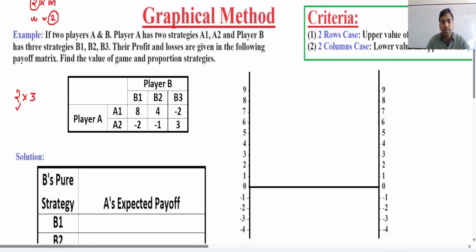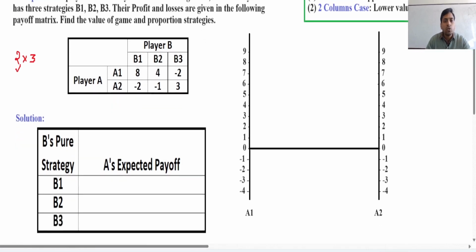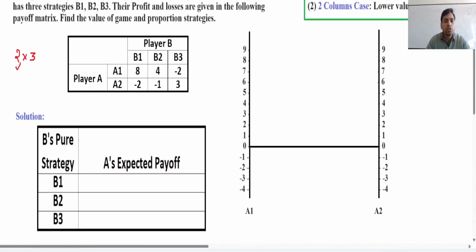Now, in this case, we will find the proportion and the value of the game. So first we will decide the proportion for player A. For two rows, two variables. The first proportion is considered as P1 and the second proportion is considered as P2.